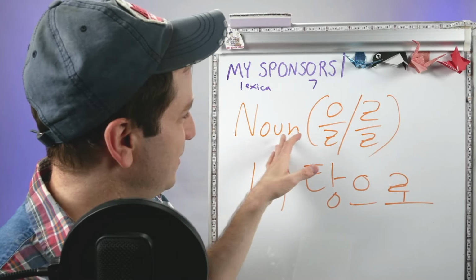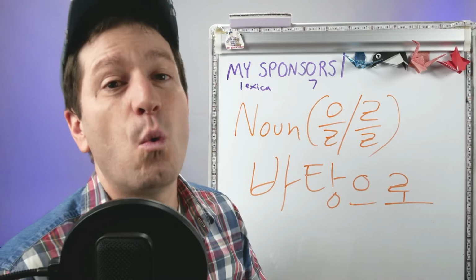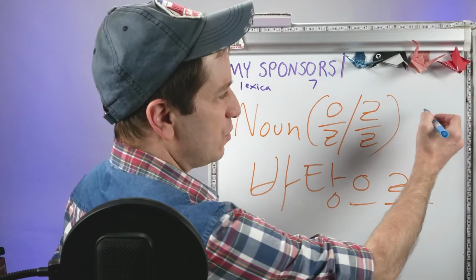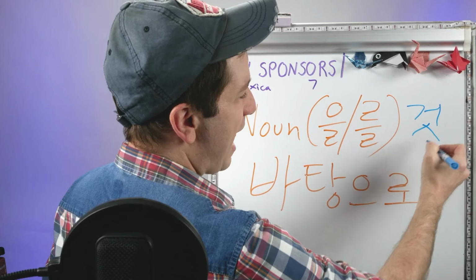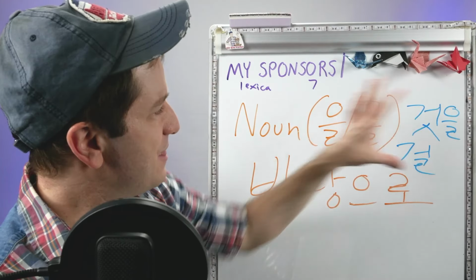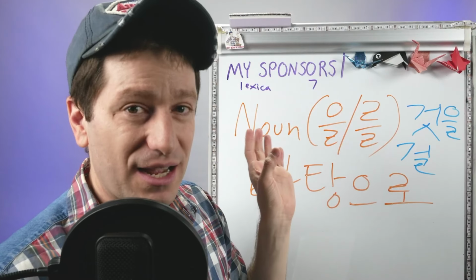So you can say 들은 걸 or 들은 것을 바탕으로, based on what I heard, literally based on the thing that I heard. So you might see this form come after either 것을 or 걸, same thing, and then 바탕으로, and that means based on some sort of action that comes before it.